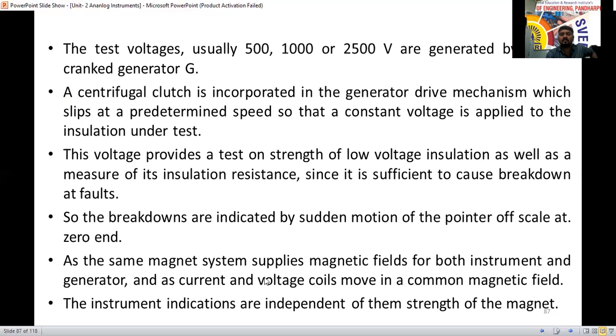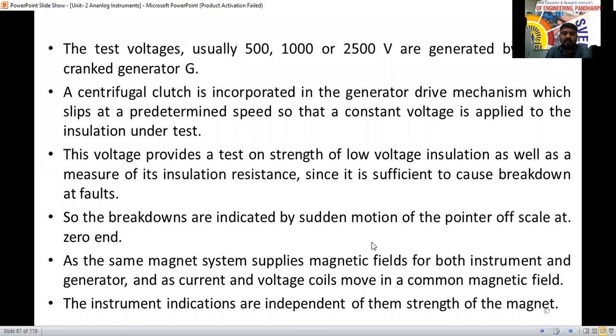Whatever the instrument indications are, the infinity as well as the zero indications, they are independent of the strength of the magnet.